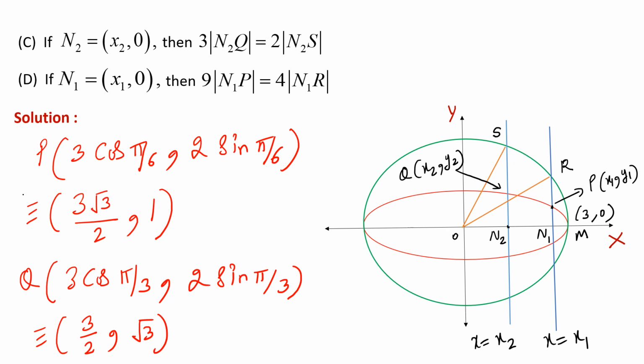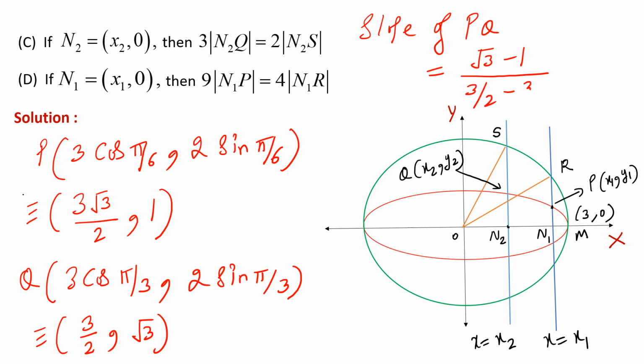Now students, we can easily find the equation of the line PQ by using the two-point form. Now, first of all, let's find the slope of the line PQ, which is (y2 minus y1) upon (x2 minus x1). It becomes (root 3 minus 1) divided upon (3 by 2 minus 3 root 3 by 2).